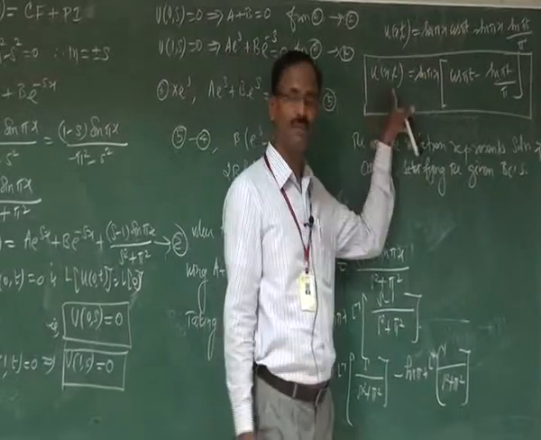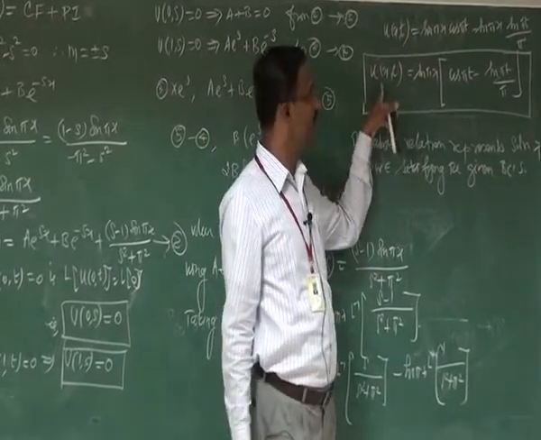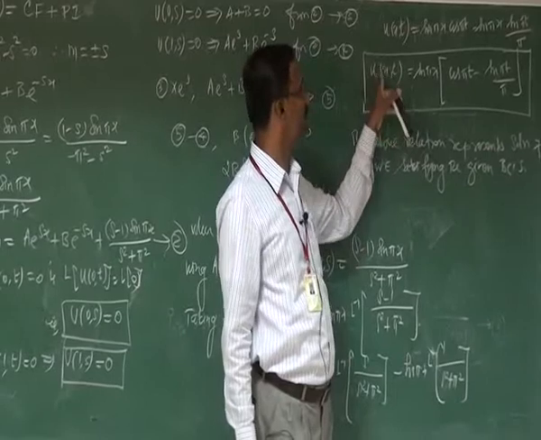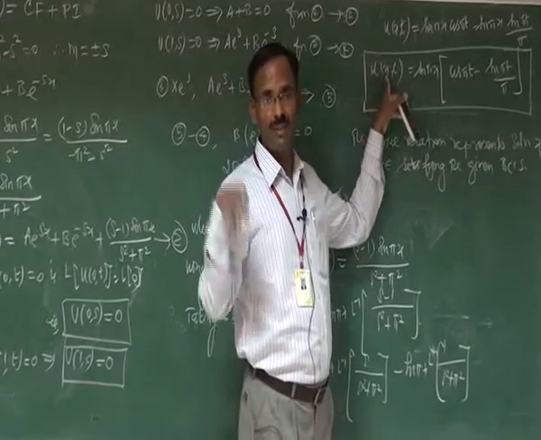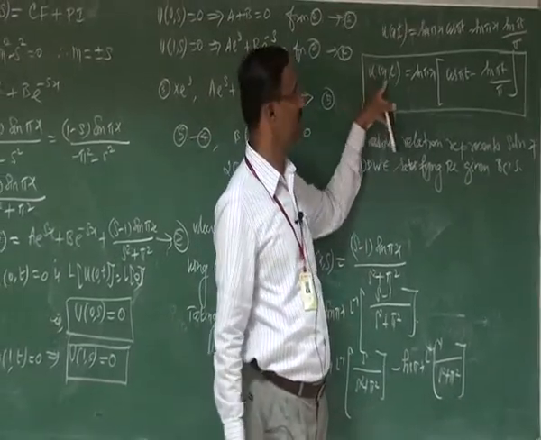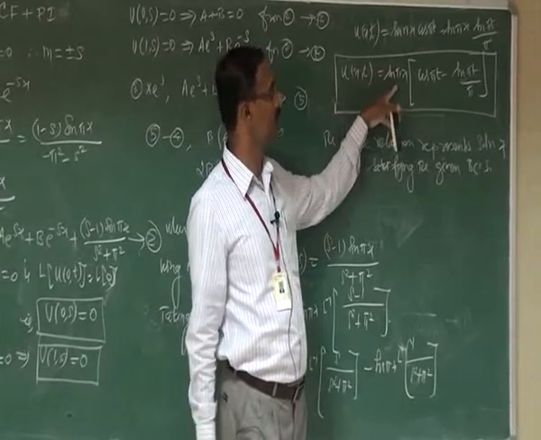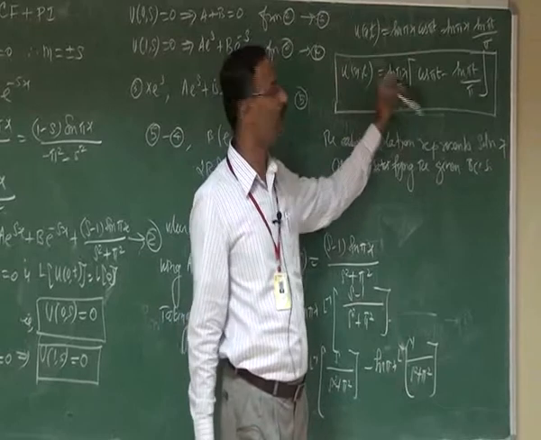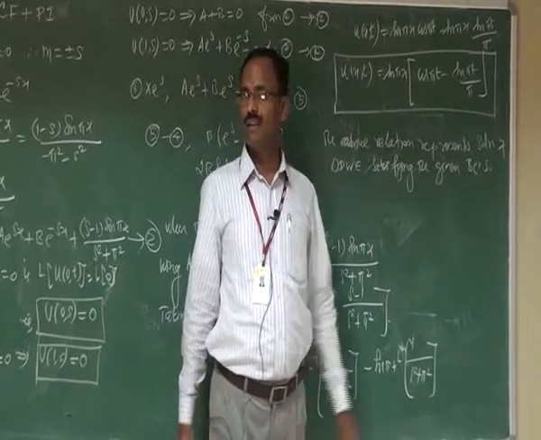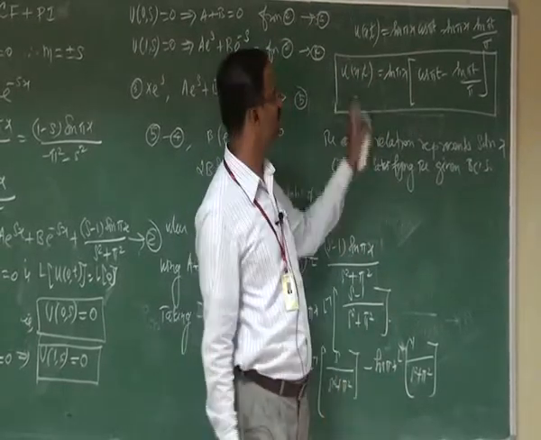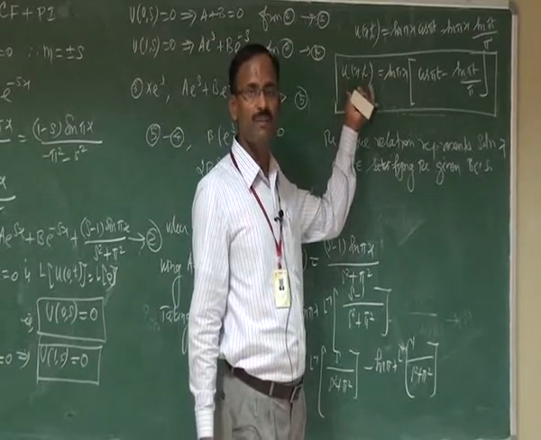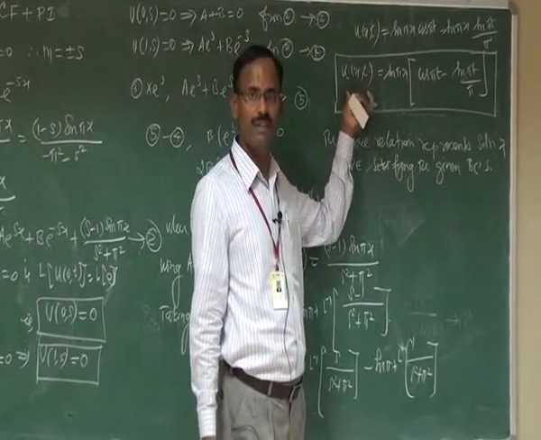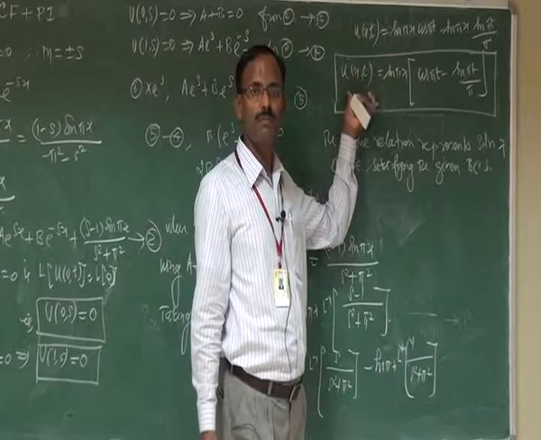Suppose we wish to check whether the obtained result is correct or wrong, just replace here u of 0 comma t is equal to 0, means replace x by 0, sin 0 is 0. If we replace x by 1, sin pi is 0, therefore it satisfies the given boundary condition. Therefore this is the perfect solution of the given one dimensional wave equation by the Laplace transform method.